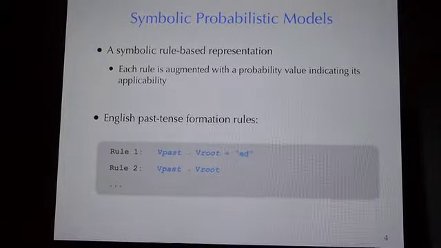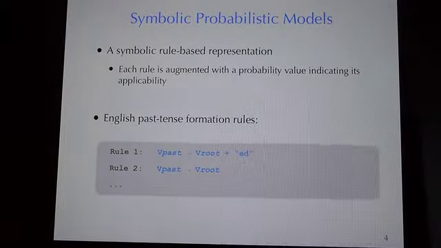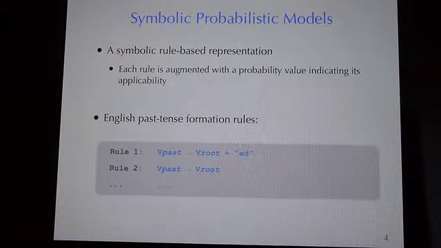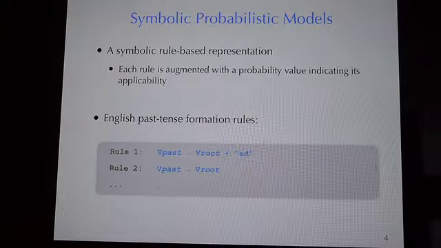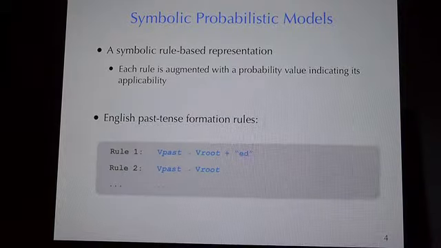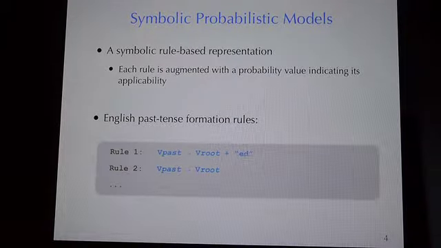As an example, let's look at our symbolic model of representing the formation of English past tense verbs. So the idea we saw before was that we need a rule that explains you have to add a suffix to the root form of a verb in order to make it into past tense. But we do know that there are other regularities when we look at all the English past tense verbs.